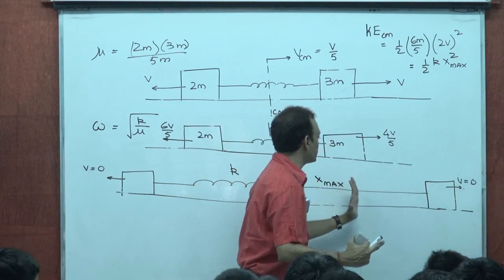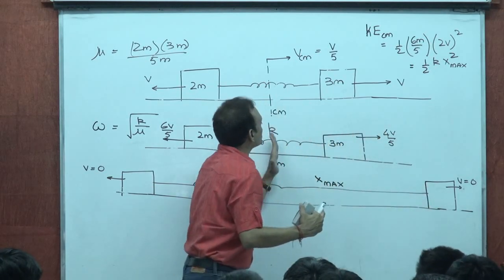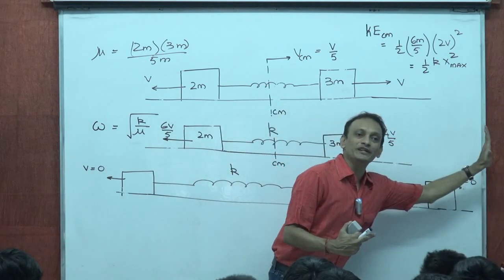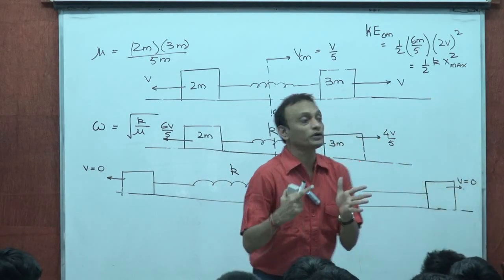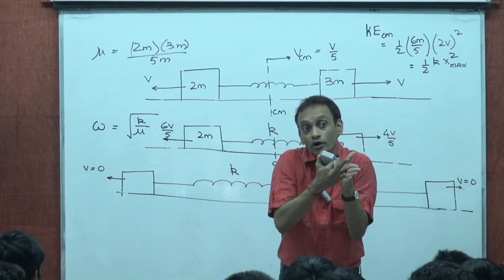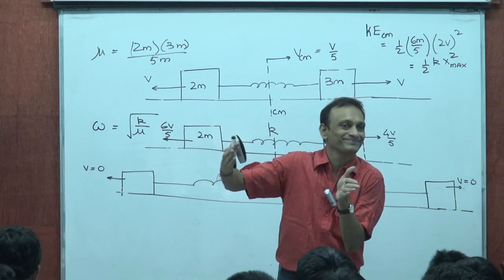Now, once I know the amplitude, so in the center of mass frame, it has moved by an amount A, and then look at how much the center of mass is moved in that time. V by 5 into T. That time, I know, because from this position to this position is moving from the mean position to an extreme position, which is T by 4. Isn't it?